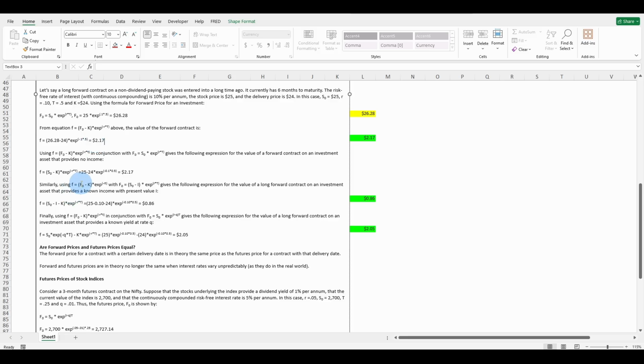Similarly, using f is equal to F of O minus K times EXP minus R T, with F of O equals S of O minus I times EXP R T, gives the following expression for the value of a long forward contract on an investment asset that provides known income with present value I. So here we have f is equal to S of O minus I minus K times EXP minus R T, equals 25 minus 0.10 minus 24 EXP 0.10 times 0.5, which is equal to 0.86.